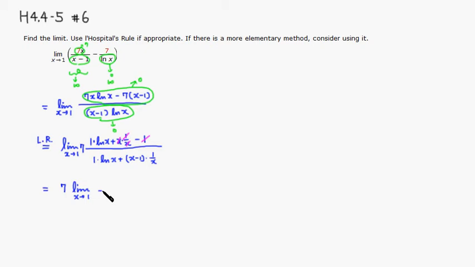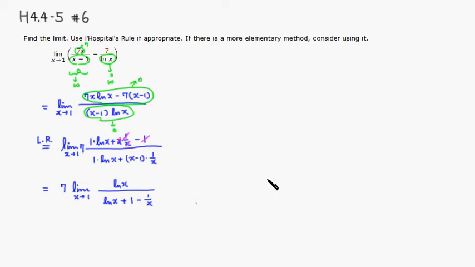Then you have natural log of 1, which is 0. Actually, maybe I shouldn't do that yet. You have a natural log of x, then you have natural log of x plus x times 1 over x, which is 1, minus 1 over x.